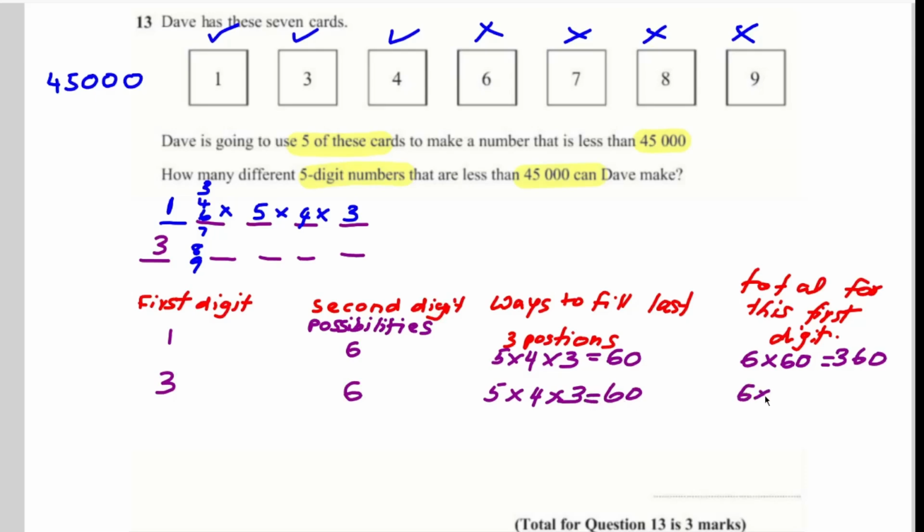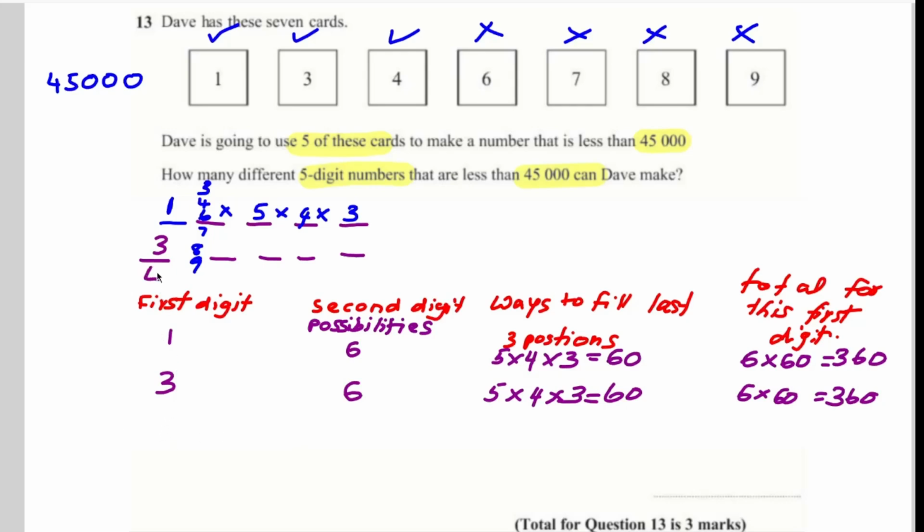Here 6 into 60, 360. Same possibilities, because the second digit is less than 4, so I'm getting 3. All the way there are 6 possibilities. I can pick any number here which is less than 45,000. So 6 possibilities, 5, 4, 3. Same thing as 1. The next one, 4.